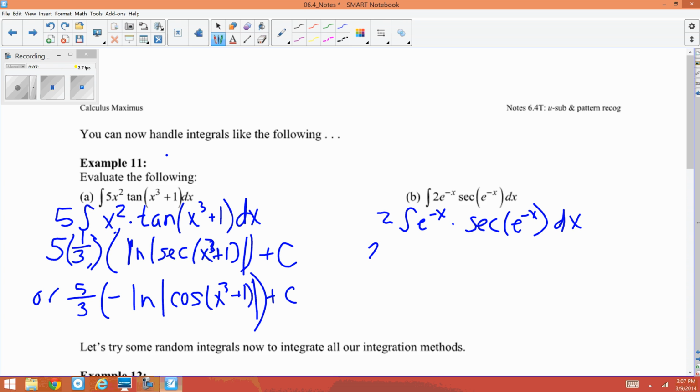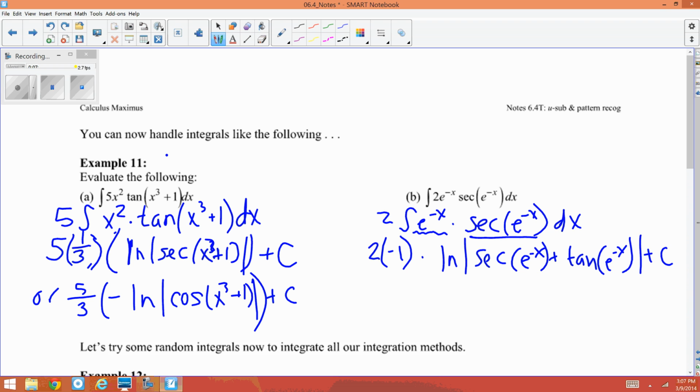So I have this correction here. And then I already have this part taken care of. I'm just focused on this. The antiderivative of secant would be ln absolute value secant e to the negative x plus tangent e to the negative x, plus c. And if you wanted to rewrite it as negative 2 times that, no problem.